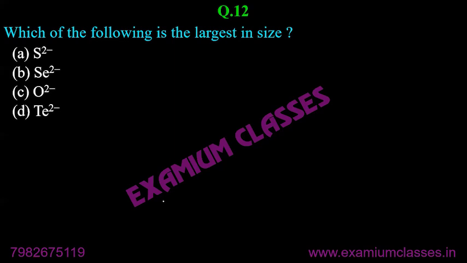Subway, no. Basically, these are same group elements and two electrons have been removed. So there is nothing like that you will consider. It will be similar to their neutral form. Okay. So in 16th group, you have oxygen, sulfur, selenium, tellurium, polonium. And when you move down the group, size increases.